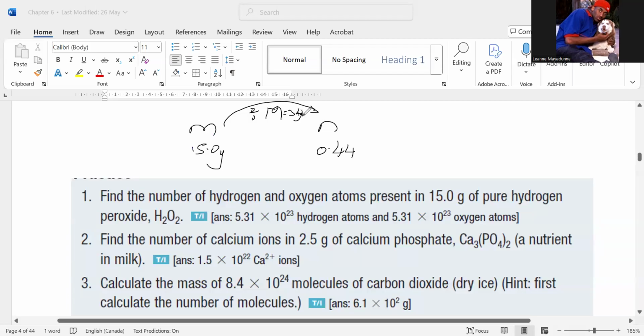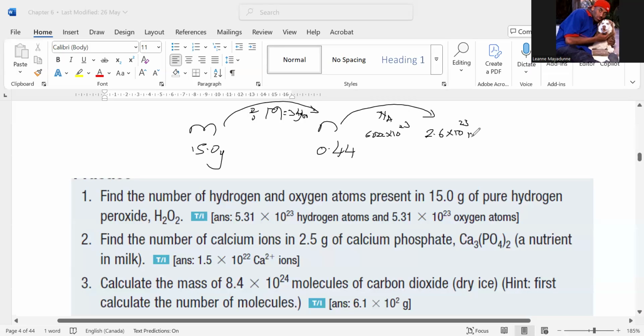And then from this you multiplied it by Na, that is Avogadro's number, correct? You should use 6.022. So 6.022 multiplied by 10 raised to 23, and that will give you a number that is 2.6 into 10 raised to 23.